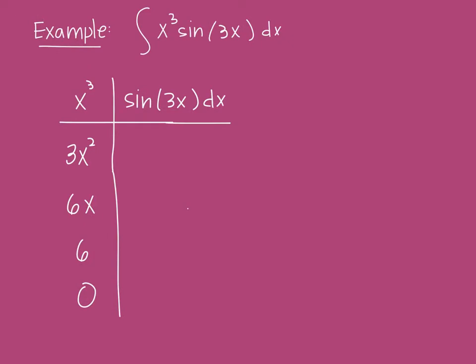Okay, now we work through our antiderivatives. We're going to have to watch the anti-chain rule as well as we go here with that 3. So the antiderivative of sine is negative cosine. And the anti-chain rule says we have to divide by 3, or I like to multiply by a third. The antiderivative of negative 1/3 cosine is negative sine, and I need the anti-chain rule again, which will give me 1/9.